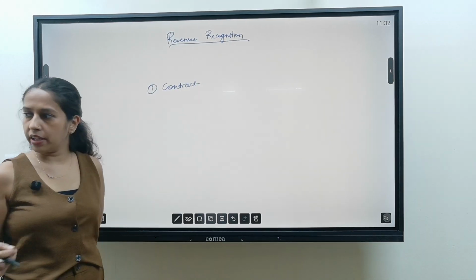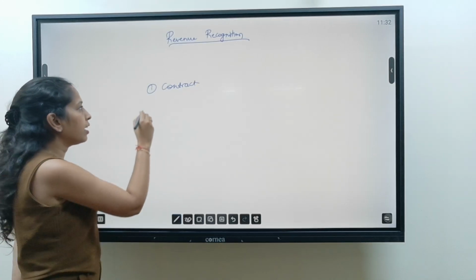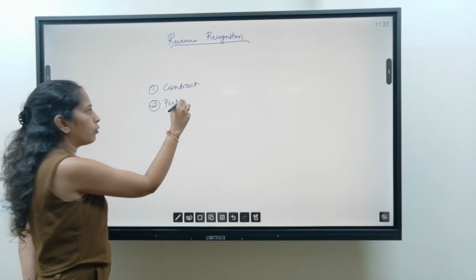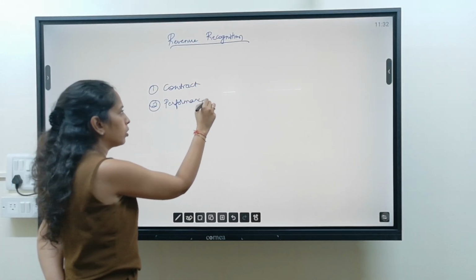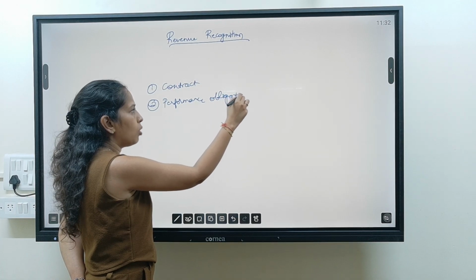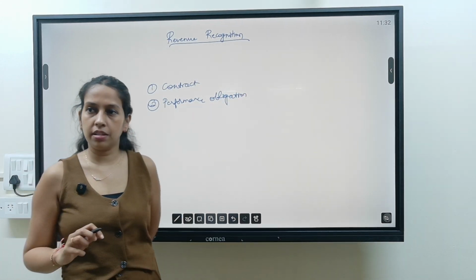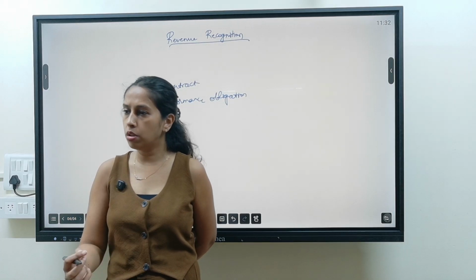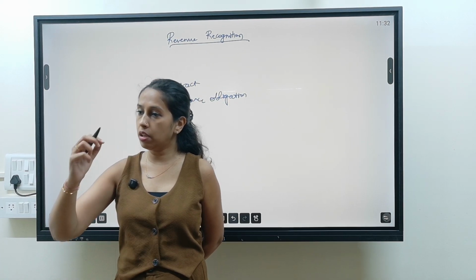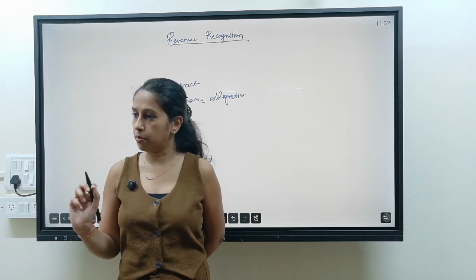So first one is there should be a contract between the buyer and the seller. Second point is there has to be a performance obligation. Performance obligation is what is it that the seller has to do to make sure that the product has been given to the customer.